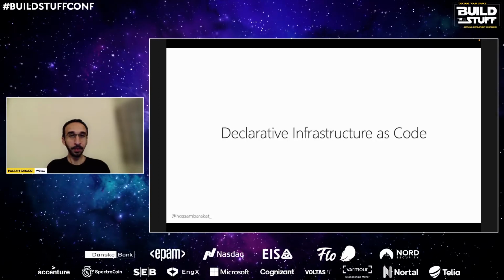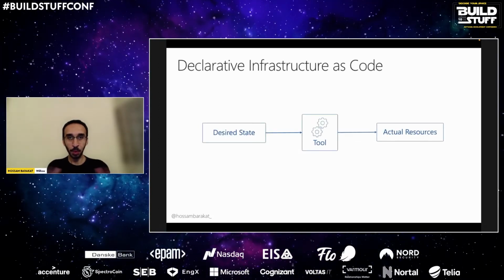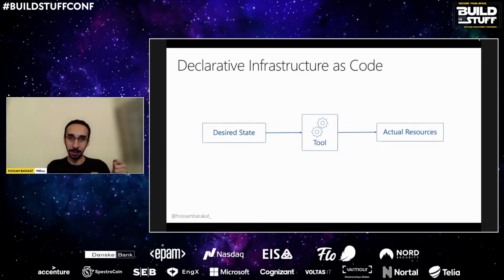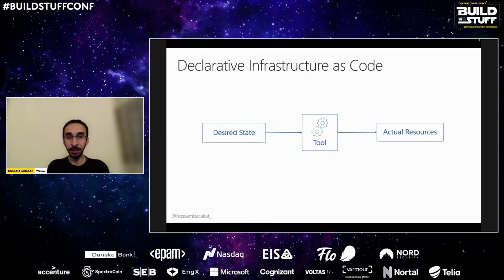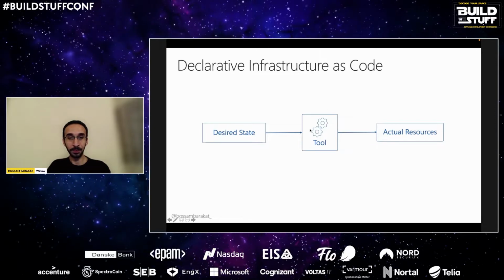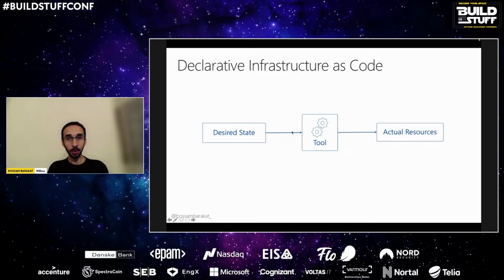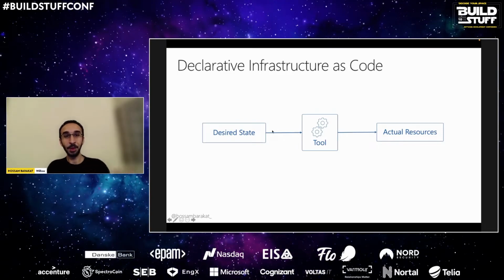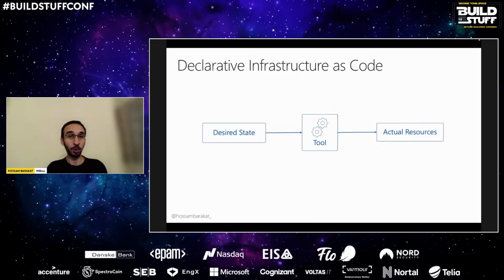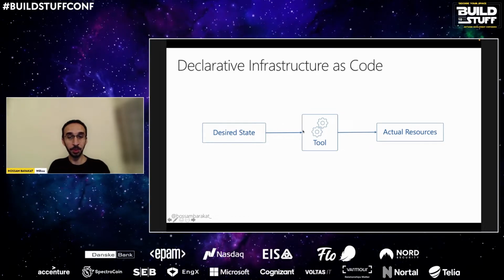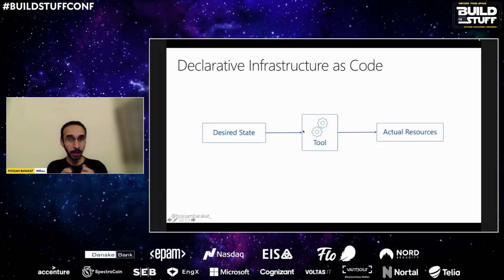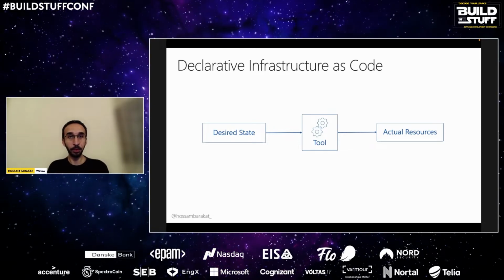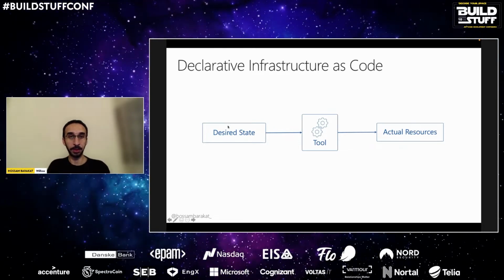The declarative infrastructure as code idea is we would like to have all of these concerns of detecting the changes, making idempotent scripts, and error handling abstracted in a tool. And as developers, our responsibility became just writing the desired state. What should the end state look like? And then it's the tool's responsibility to determine what kind of changes or what kind of actions need to happen on the cloud platform to reach that desired state.